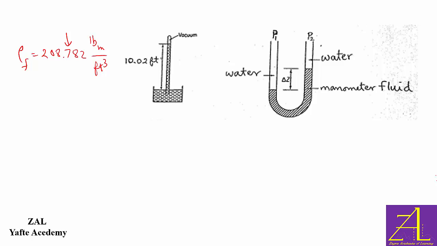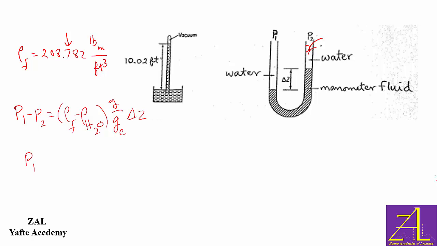With the manometer fluid as we found, we can write the equation for differential manometer as P1 minus P2 equals rho f minus rho, and in here rho is the other fluid in the legs, which is water, so this is rho of H2O, G over GC, delta Z, and delta Z is given as 20 inches.